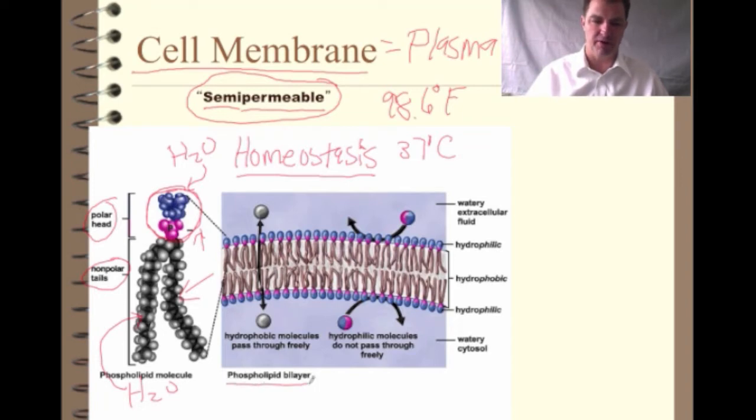The phospholipid bilayer is a double layer of phospholipids in which the heads, the phosphate groups, are pointed to the outside of the cell, and another group of them have their heads pointed to the inside of the cell. So you'll have water here and water here, but the tails are turned inward.